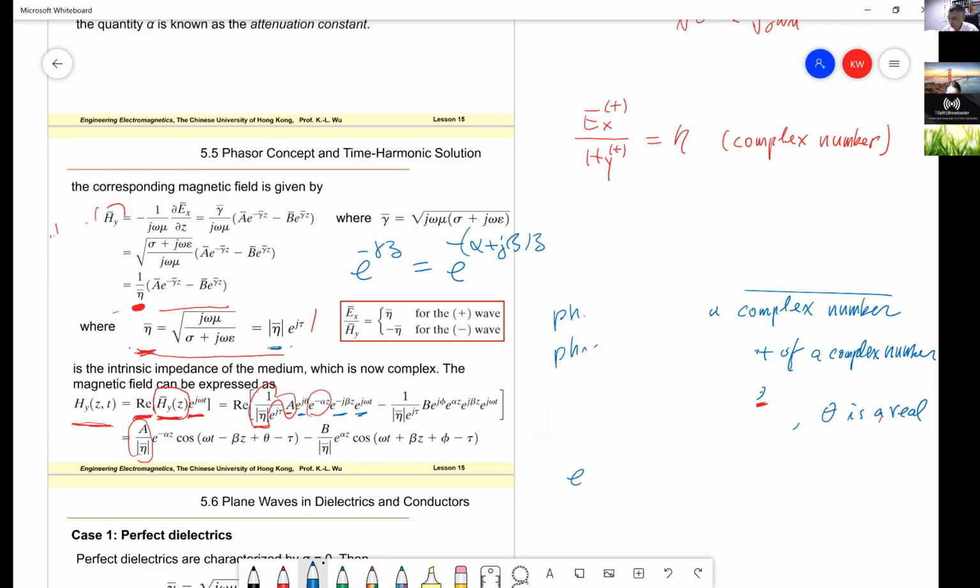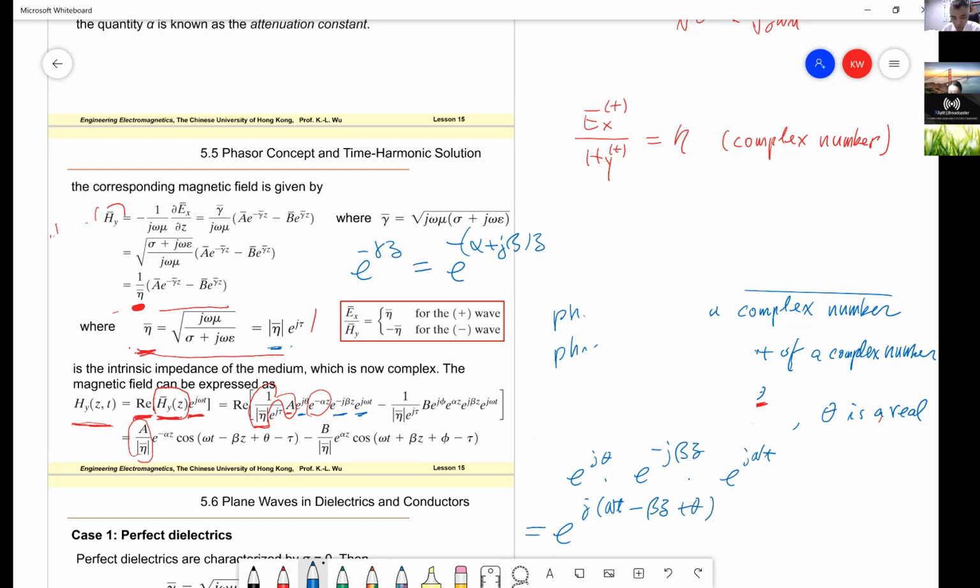We have j theta, j beta z, j omega t. When I multiply these three terms, this equals, very clearly, j times omega t minus beta z plus theta. Do you agree?